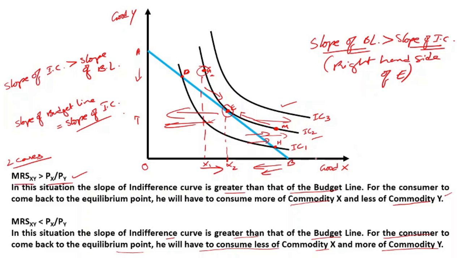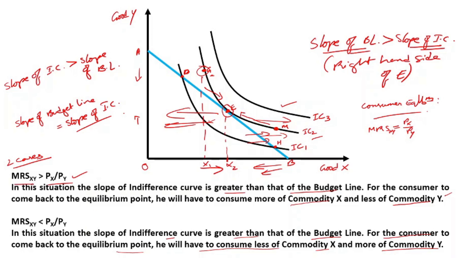So let us recall the things. First we have to define what consumer equilibrium is. Consumer equilibrium means the consumer will be consuming at that level where the slope of the indifference curve is equal to the slope of the budget line. Whenever there is disequilibrium, the consumer will reach back to the equilibrium level through this.